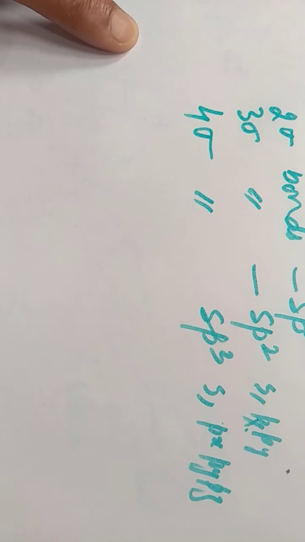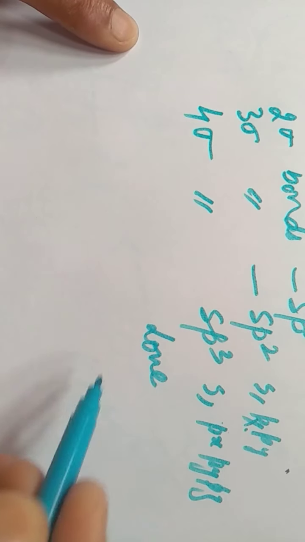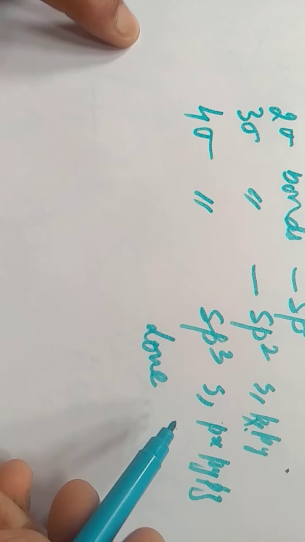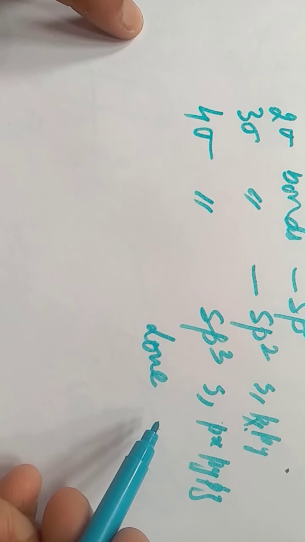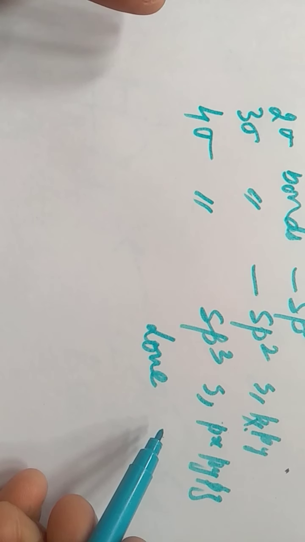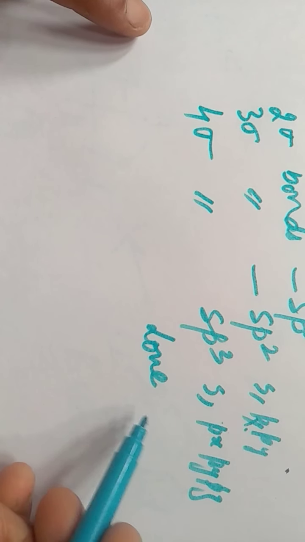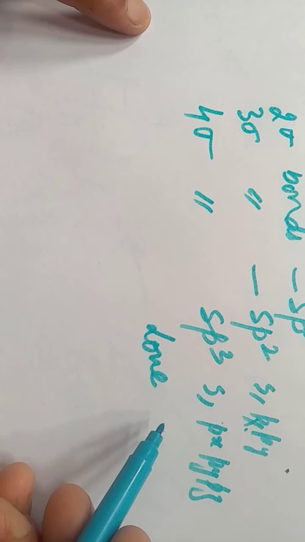If some atoms have lone pairs of electrons, then sigma bonds and lone pairs of electrons are counted for determining hybridization, and lone pairs of electrons are also assumed as sigma bonds, right?